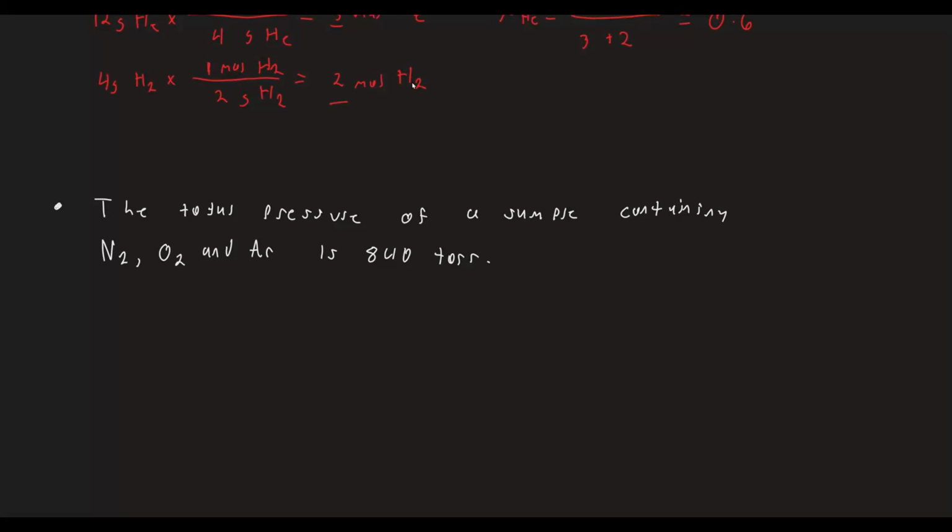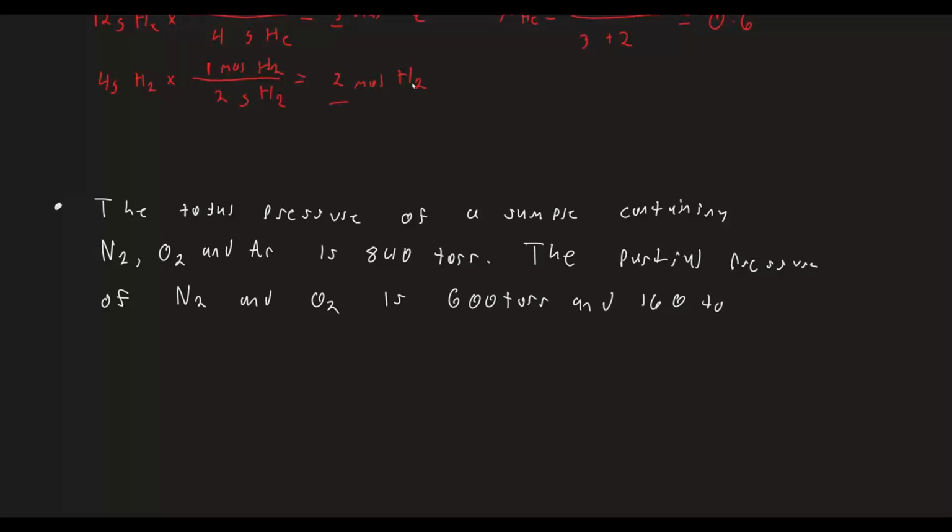The partial pressure of N2 and O2 is 600 torr and 160 torr, respectively.